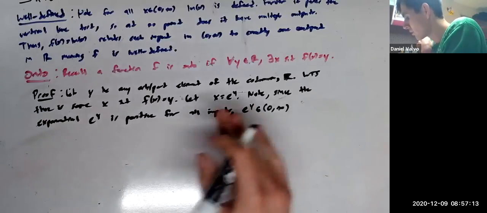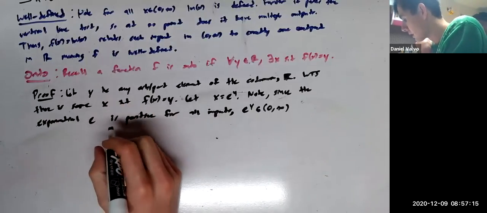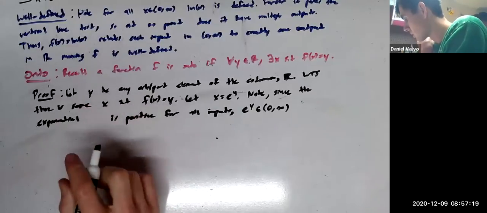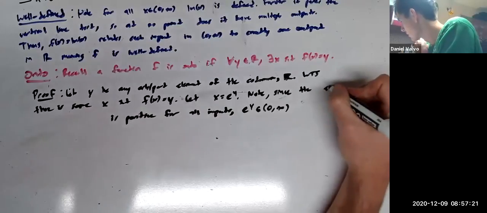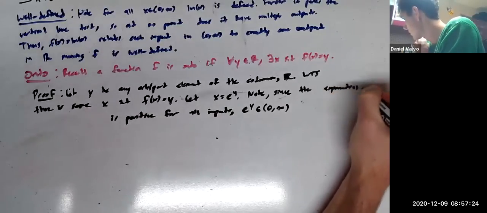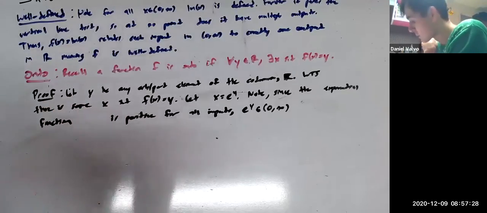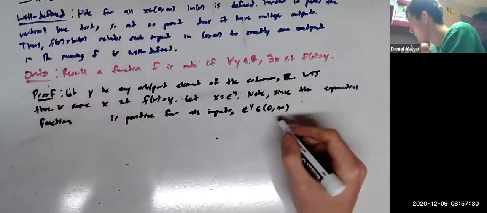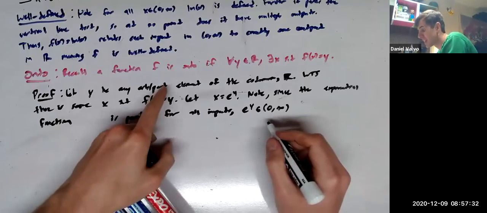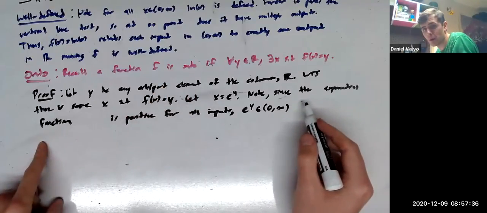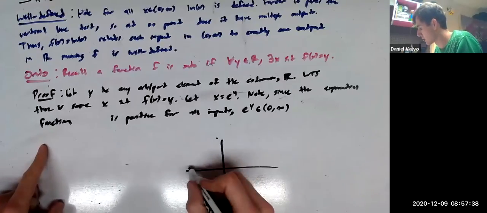Or maybe I'll put it like this. Notice since the exponential function, the exponential function being e raised to something, is positive for all inputs, e to the y must be in here. So y is this particular element of the codomain, and we note that the exponential function is always going to be positive, because if you look at the exponential function, it looks like this.